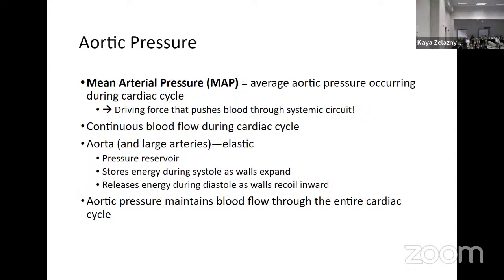So they have these elastic walls, right? So think of them kind of like a rubber band, or we can again think about a balloon, right? They stretch out when there's high pressure coming into them. And then when there's low pressure around them, no more blood coming in, right? The walls are stretchy and they collapse back down, causing that blood to continue squeezing out.